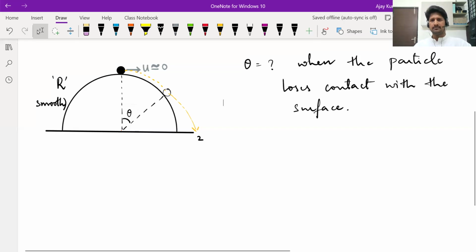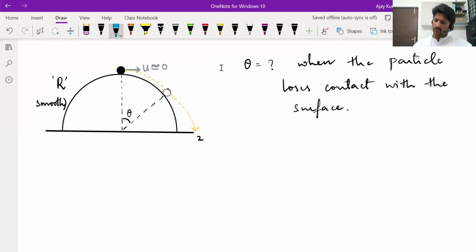Any answer? The particle loses contact with the surface somewhere. How to frame equations out of it? How to make this statement mathematical?